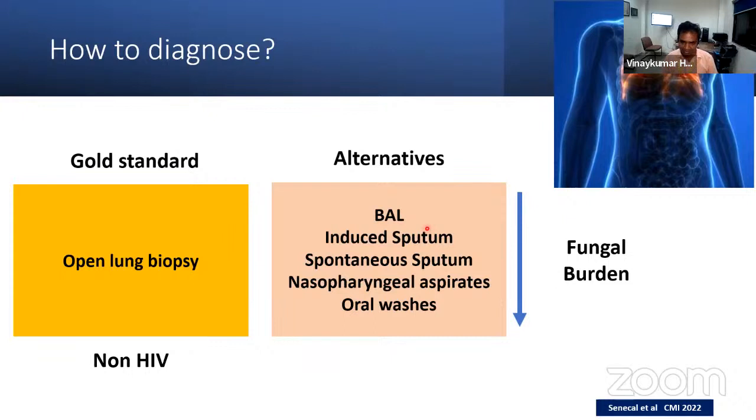So the burden as well as the sensitivity reduces as you go from open lung biopsy to BAL to induced sputum to spontaneous sputum to nasopharyngeal aspirates to oral washes, right? So this you need to remember.